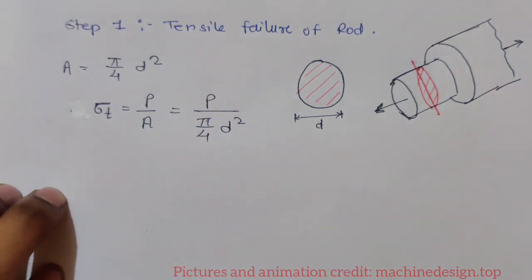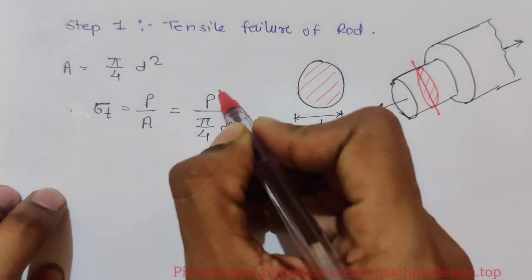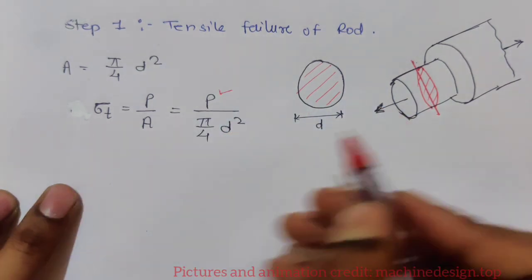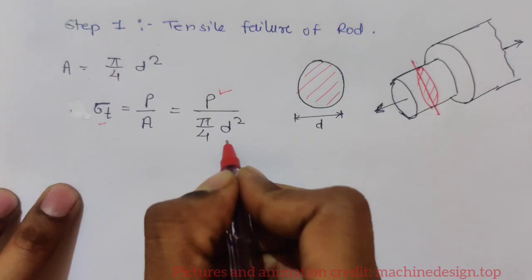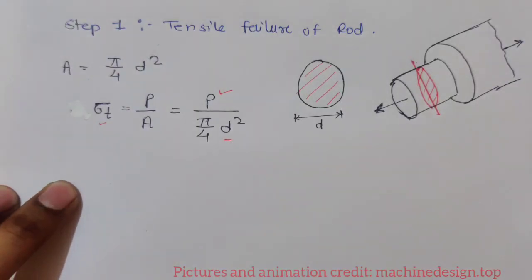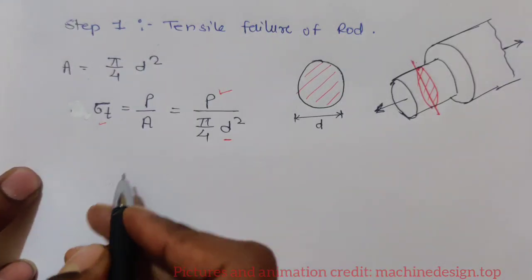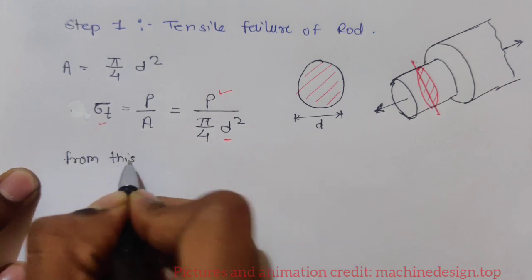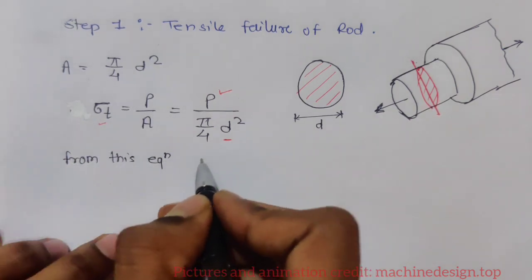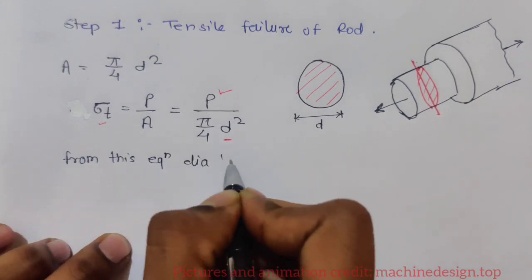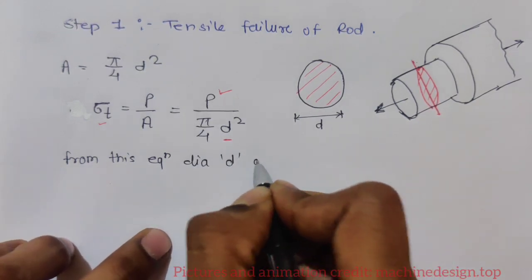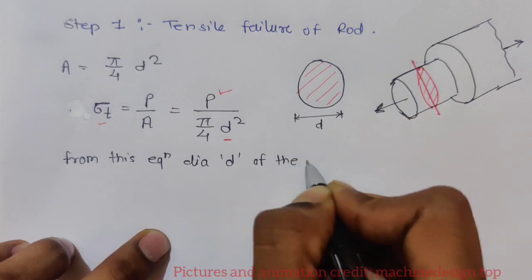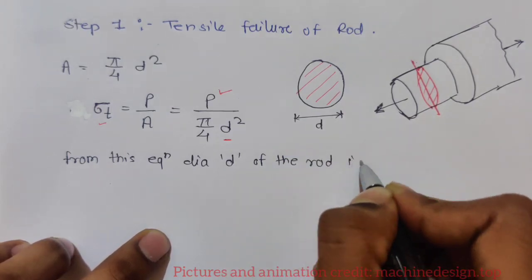Alright, so now we know this P given in question, sigma T we know, we can find this diameter d. So just write down, like from this equation, diameter D of the rod is determined.